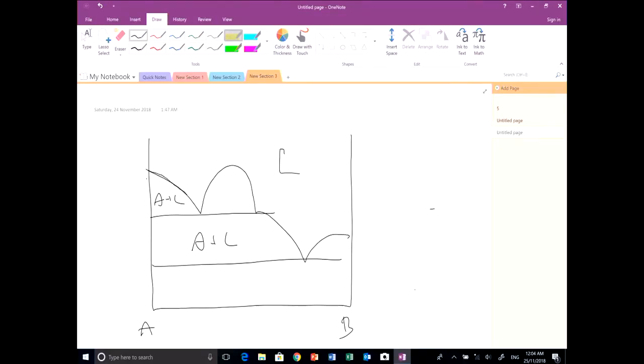That liquidus surface right there, what does it represent? We did it yesterday. There's two possible answers. One is it's where below we have liquid and solid and above it's all liquid, but that's not the answer I'm looking for.